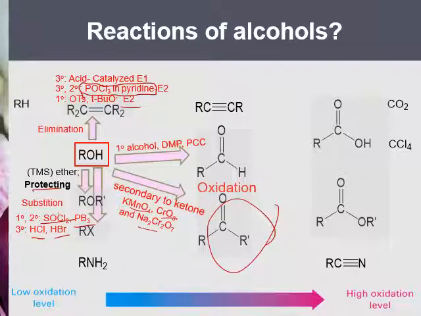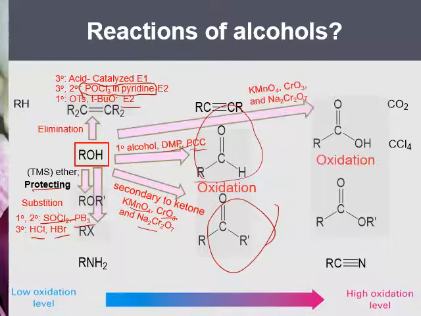For a mild oxidizing reagent such as DMP or PCC, the product is an aldehyde. The reaction stops there. If it's a strong oxidizing reagent, such as potassium permanganate, chromium oxide, or sodium chromate, the product will be a carboxylic acid.